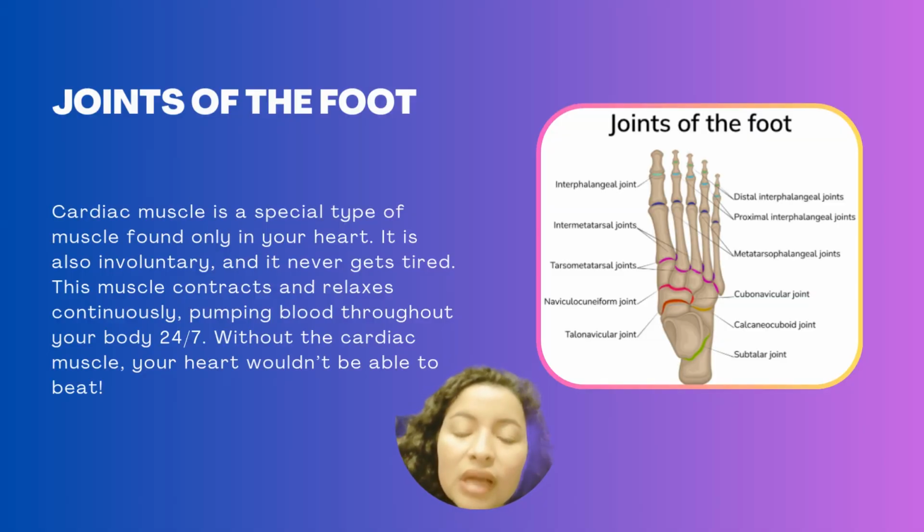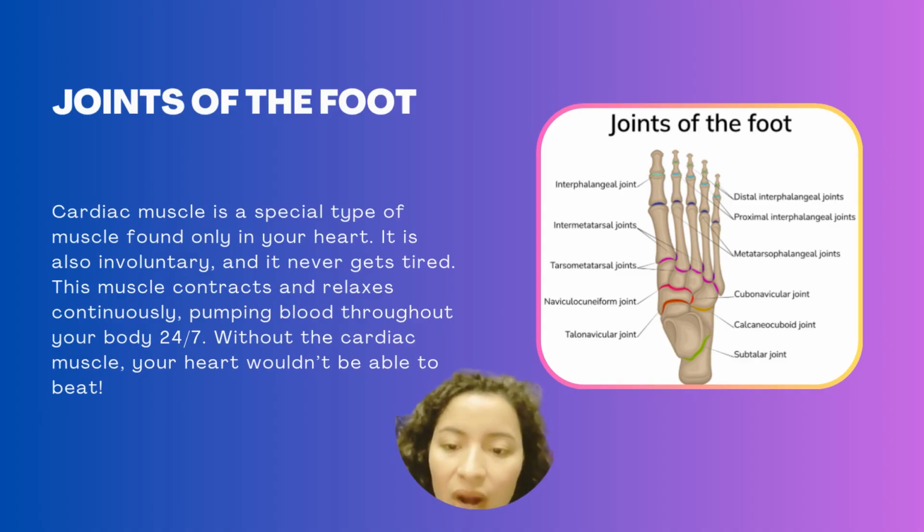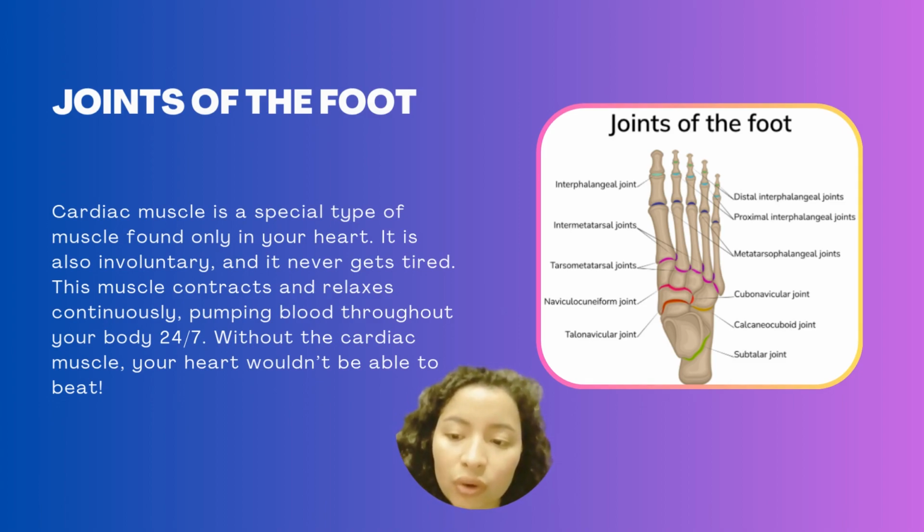Intermetatarsal joints are located at the base of the metatarsal bones. Metatarsophalangeal joints are five joints between each metatarsal head and the corresponding phalanges. These are visible when bending and straining the toes and permit the flexion and extension of the toes.